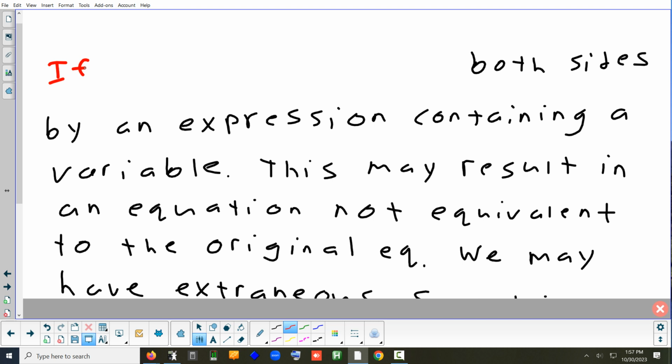So if you multiply both sides by something that has a letter in it, this may result in an equation that's not equivalent to what you started with.